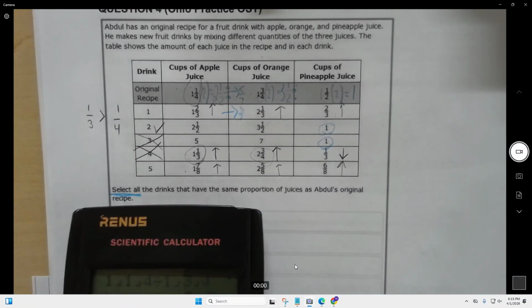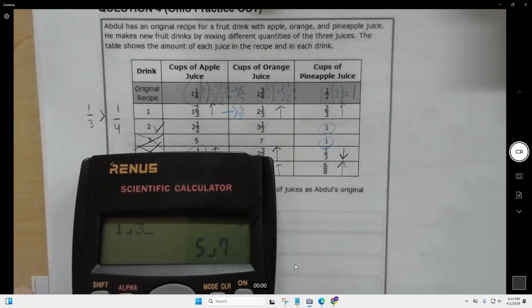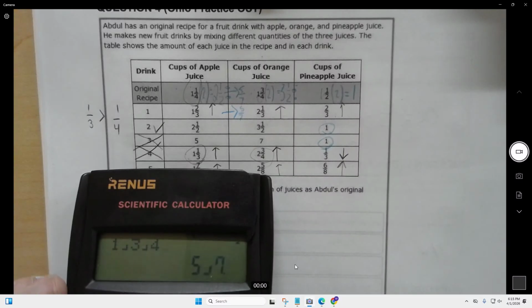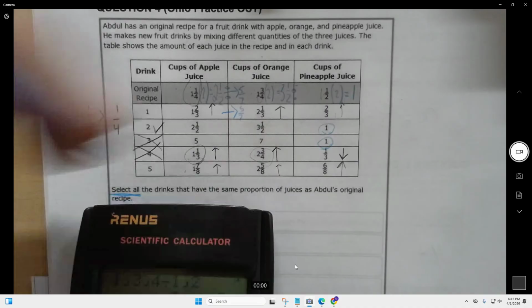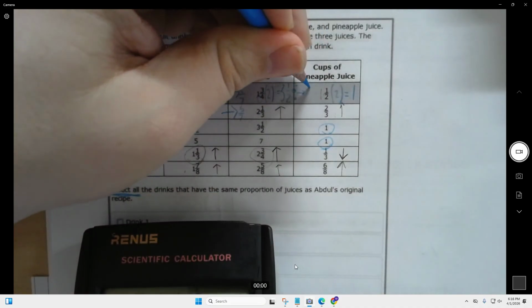The difference between orange juice, 1 3/4, and 1/2 is 3.5.